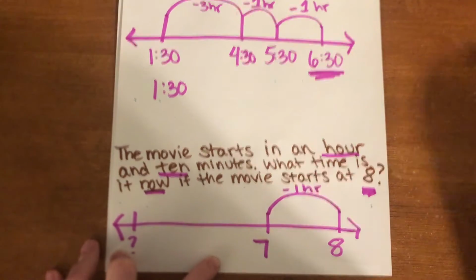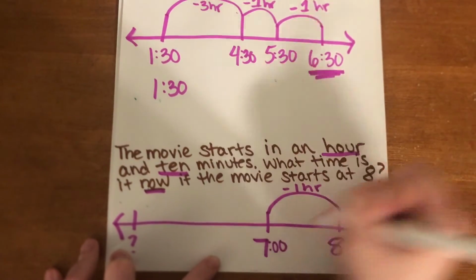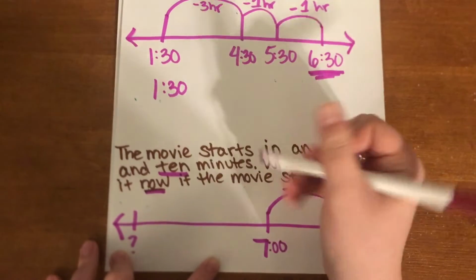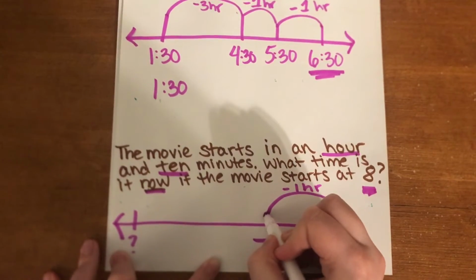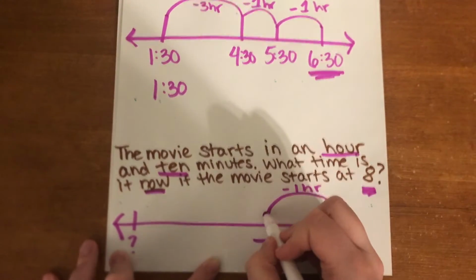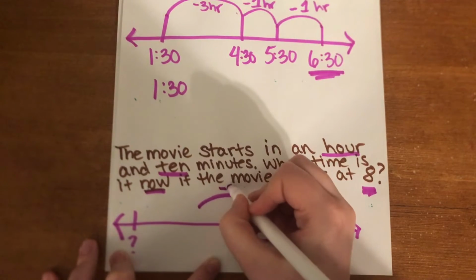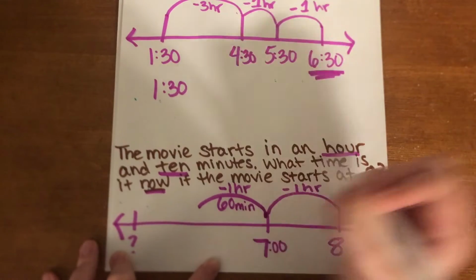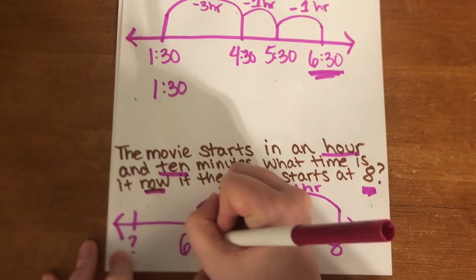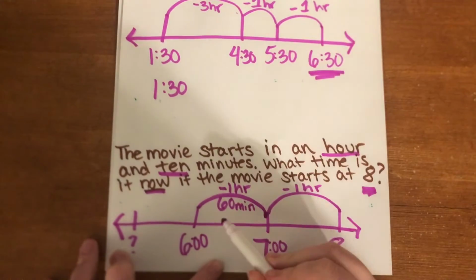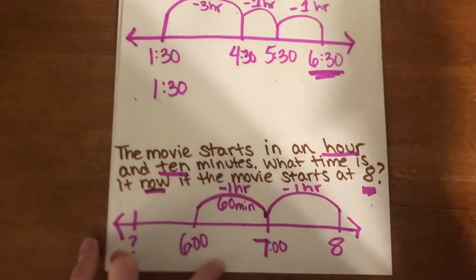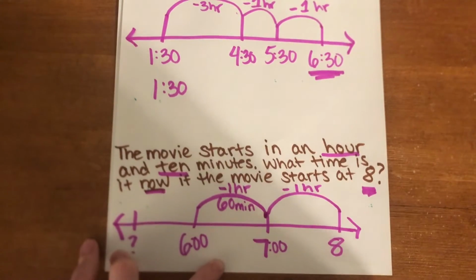So if we're at 7 o'clock, right, then we could count back a whole hour and count forward 10 minutes, right? Because if we count back 1 hour, that would be 60 minutes, and that would be 6 o'clock. But we only wanted to subtract 10 minutes.